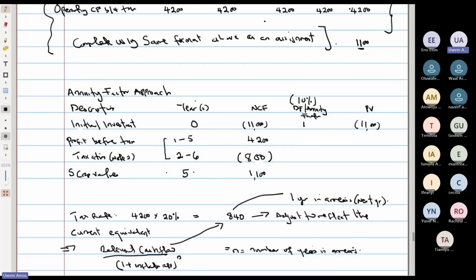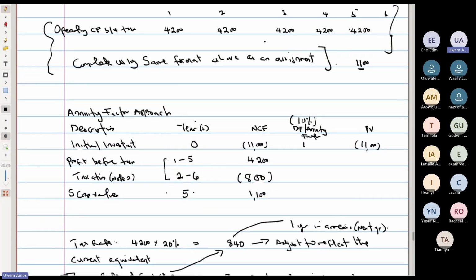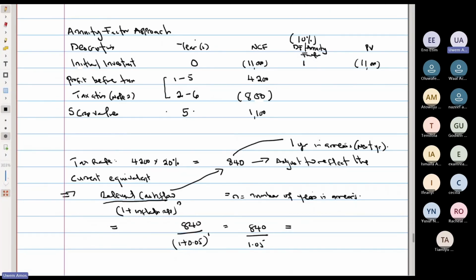Year 5, what's our discount factor? Okay, no. So we need to calculate it again because it's 10%, not 15%. So our year 5 is 1 year. So that would be 1 plus 0.1 raised to the power of minus 5. It's for 1 year. That's pretty straightforward, and then we'll come back to the annuity factor part.